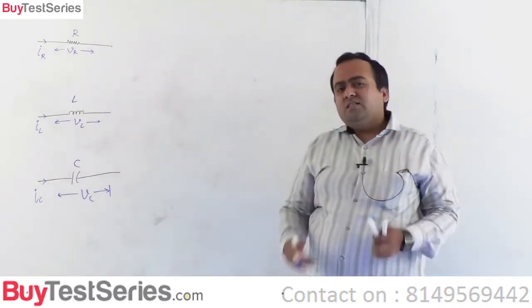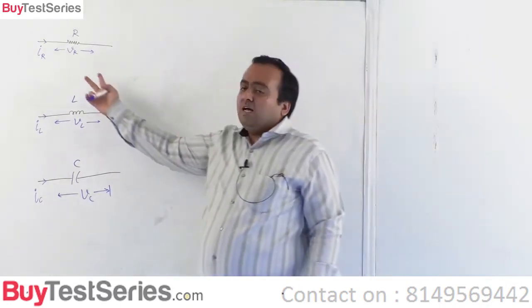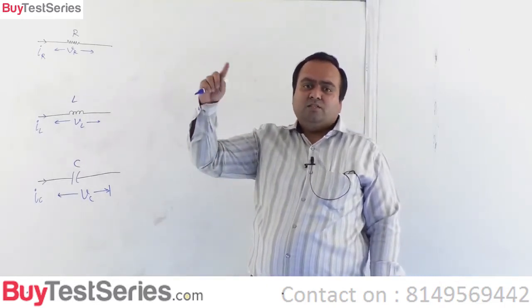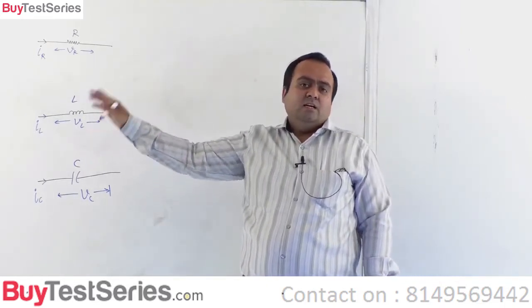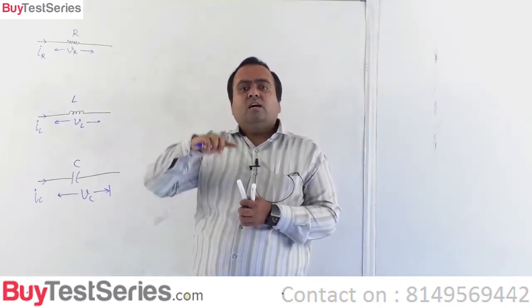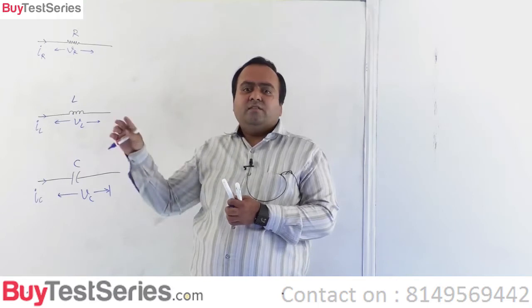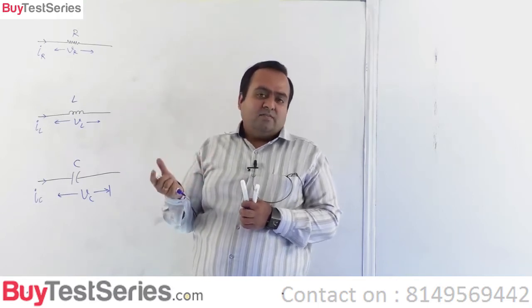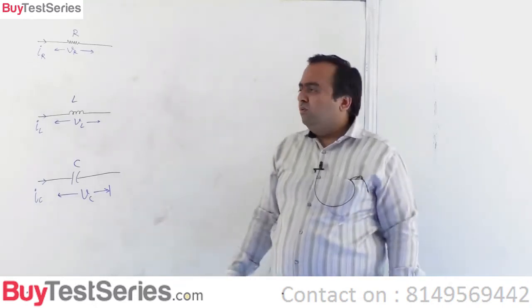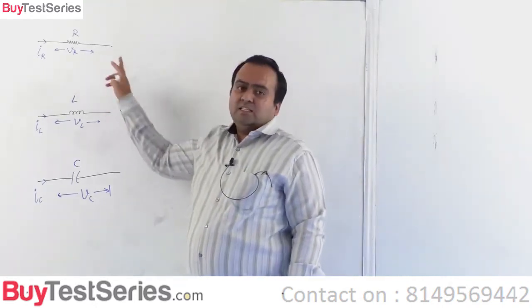Alright, it is a general practice that we do not show the polarity of voltages because it is a sinusoid. It is already changing its polarity at the supply frequency. Say if it is a 50 Hertz waveform, then there are 50 positive cycles and 50 negative cycles. So the polarities are anyway changing at the supply frequency, so we generally choose not to indicate the polarities.